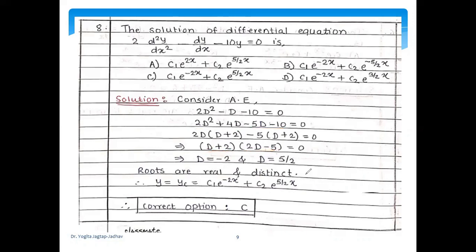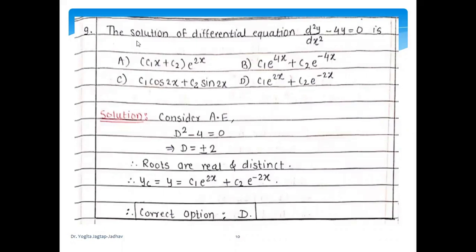Therefore, by again using case number 1 for writing the complementary function, we have y equal to yc, that is equal to c1 e raised to minus 2x plus c2 e raised to 5 by 2 x. Here I have kept the values of the roots in the exponent, and therefore the correct option among these given 4 options is C.